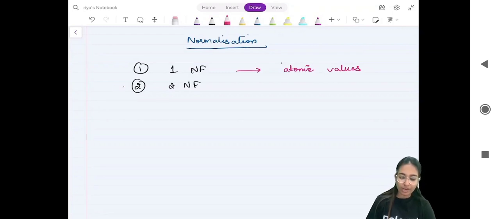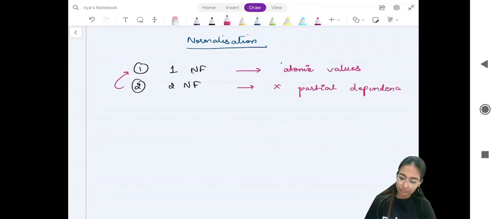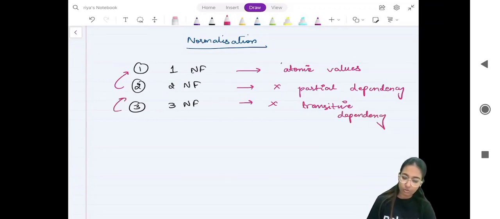For it to be in 2NF, first it should be in 1NF, and there should not be any partial dependency allowed. The third one is 3NF. In 3NF, no transitive dependency is allowed, and it should also always be in 2NF first.